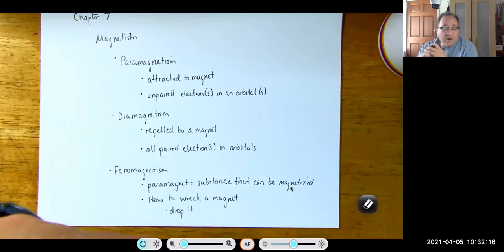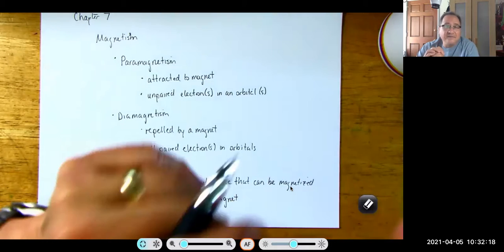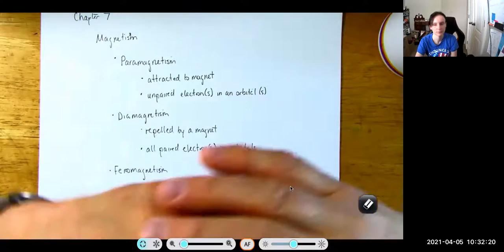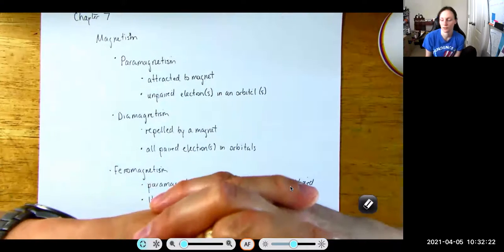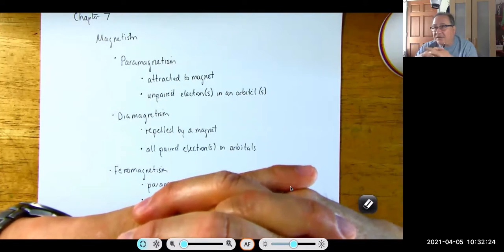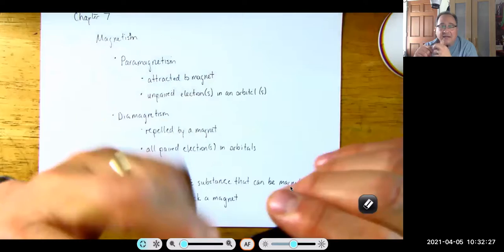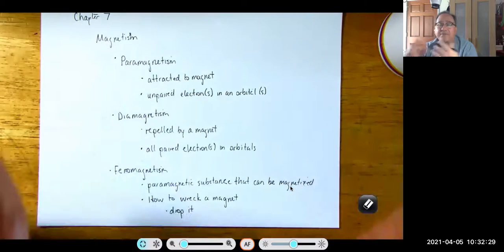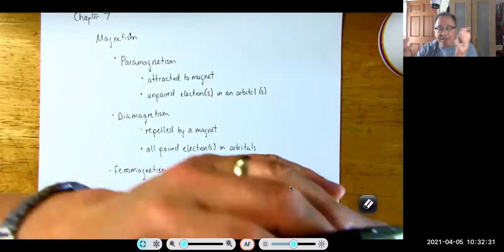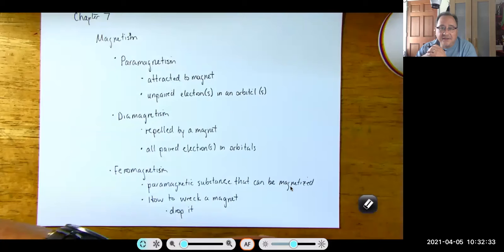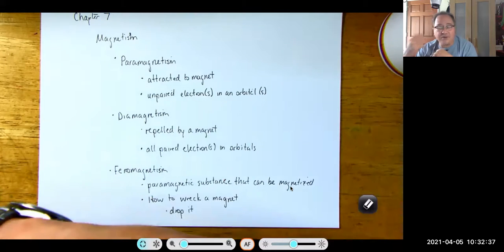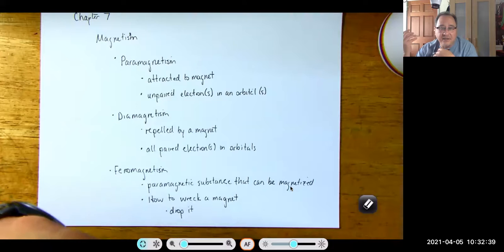Well, they are electrons, right? Mm-hmm. How tiny are electrons? Very tiny. So if you drop a magnet, would that be perhaps enough energy to disrupt the orientation of the electrons? Yeah. We're not trying to remove the electron. We're just trying to change its orientation.